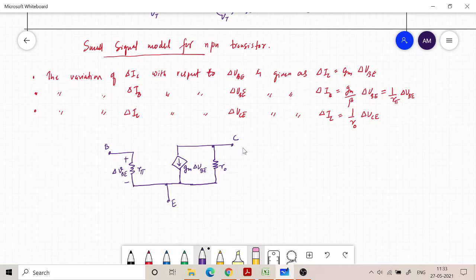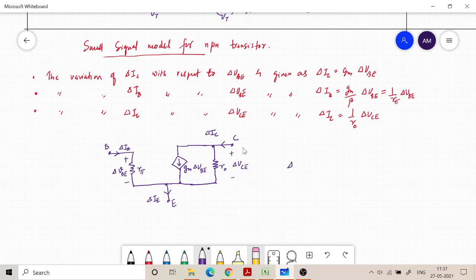So this is my delta IC. Delta IC basically has two components. One comes from GM into VB, that is this.